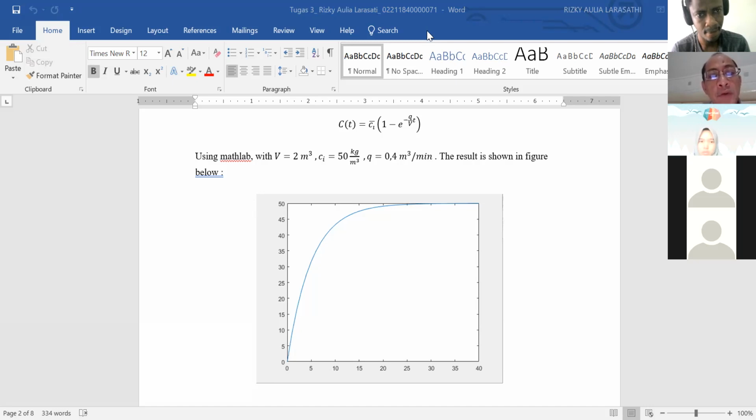At t equals 0, the exit concentration is 0, so the exit concentration is 0 too, sir. Okay, so this is the graph of exit concentration versus time, like this, sir.